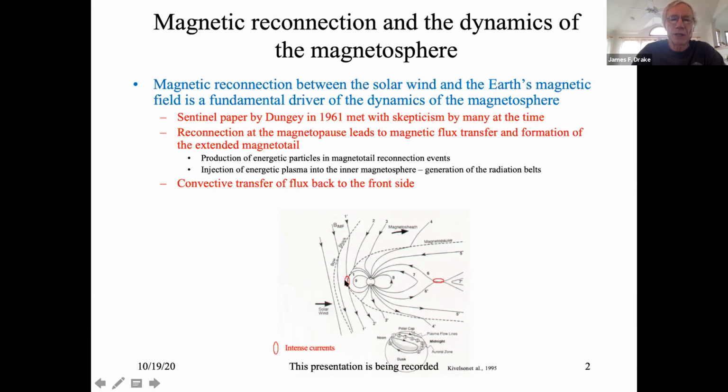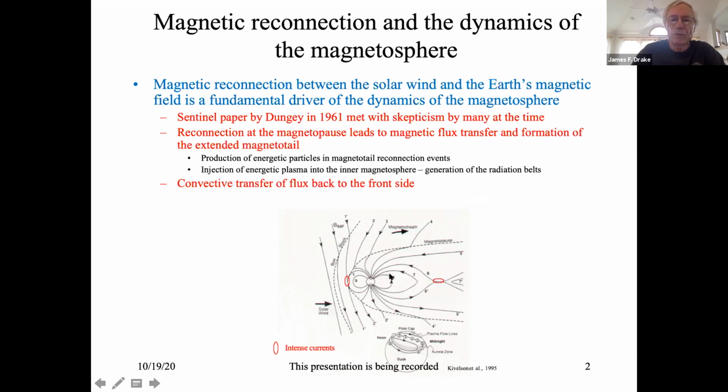Reconnection on the front side here leads to magnetic flux being transferred into the magnetotail and producing an extended magnetotail as drawn in this picture. This was, by the way, Margaret Kivelson's picture. And of course, the reconnection that goes on in the tail produces a lot of energetic particles there and injects flux as well as energized plasma into the inner magnetosphere, where it plays a major role in the generation of the radiation belts.